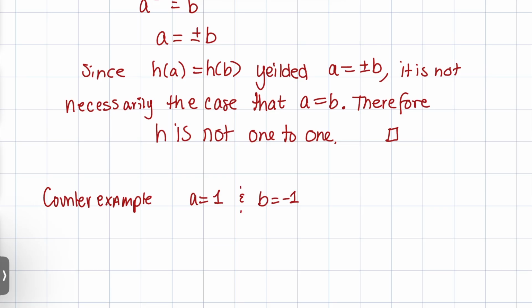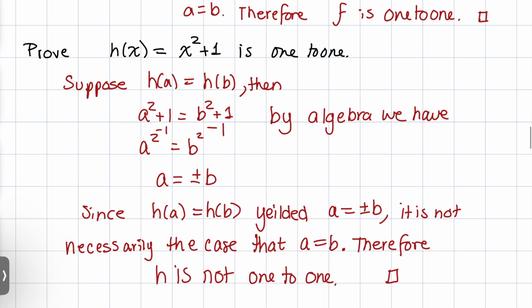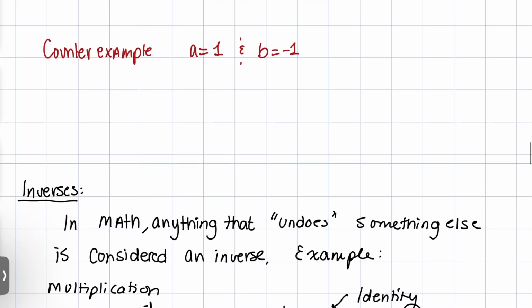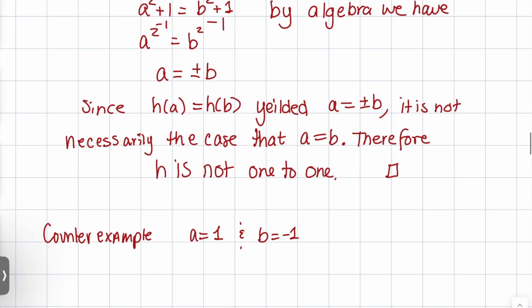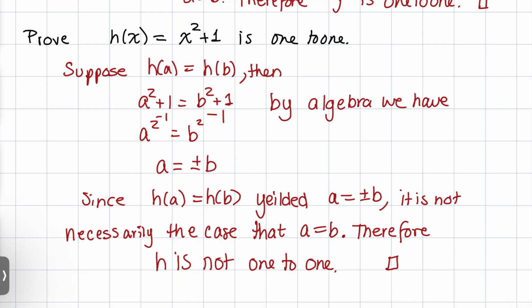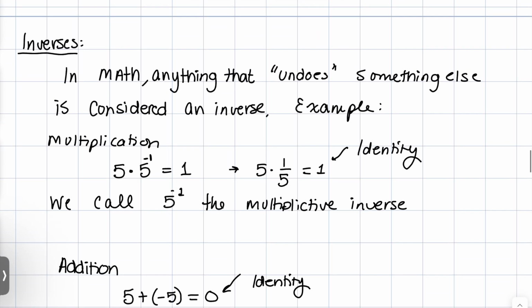That's a counterexample. You can show that you'll get the same value, the same y's, but they're not the same x's. So that's a good example to do. Okay, so that's the idea behind one-to-one. So you want to make sure that you're comfortable with figuring out if a function is one-to-one. Okay, so inverses.